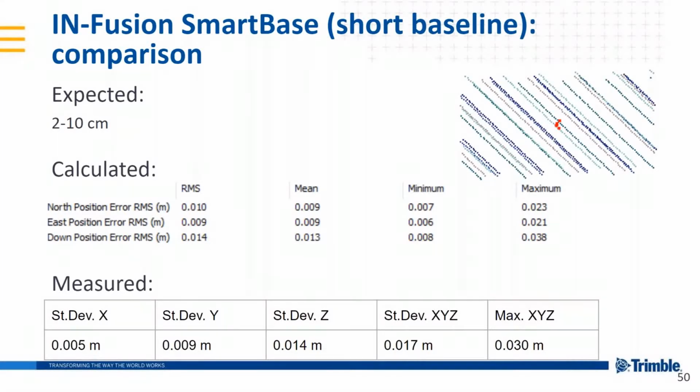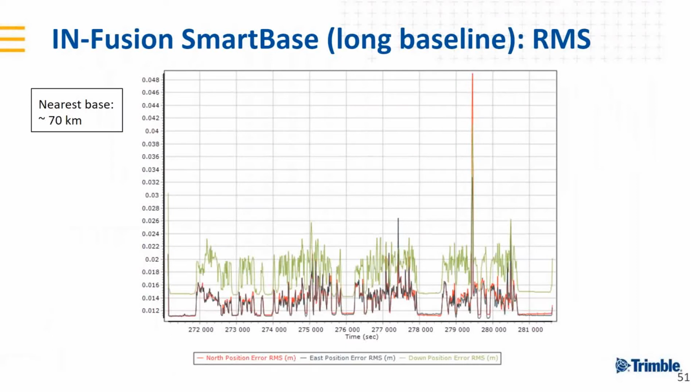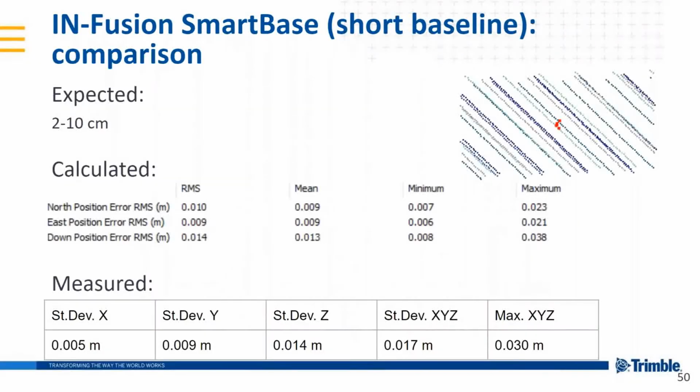For X and Y, it's within 1 centimeter, and for Z, about 1.4 centimeters, and generally the standard deviation is about 1.7 centimeters. We can see from the graphic on the right side, all the target hits look quite good and overlap quite well.